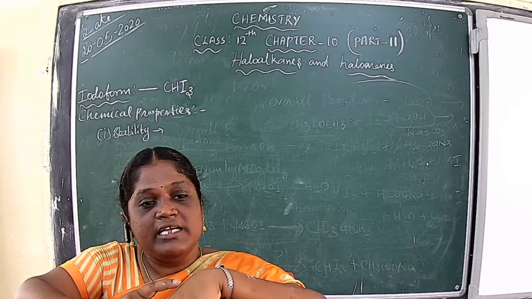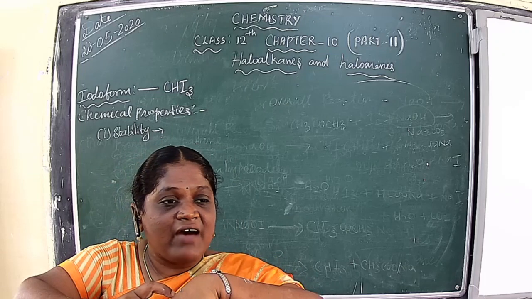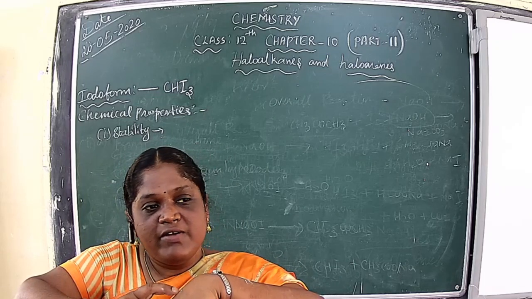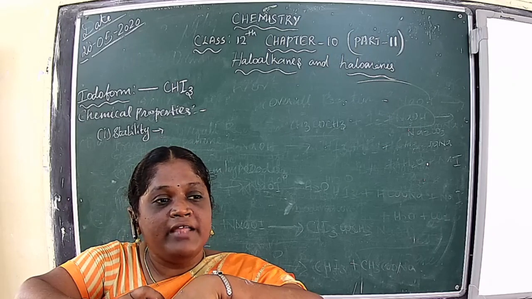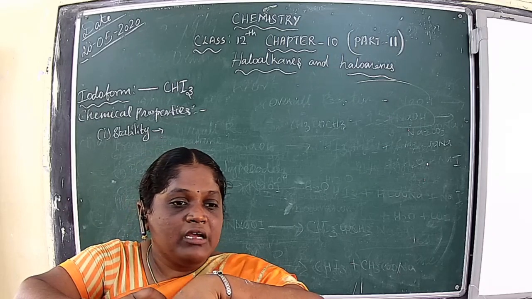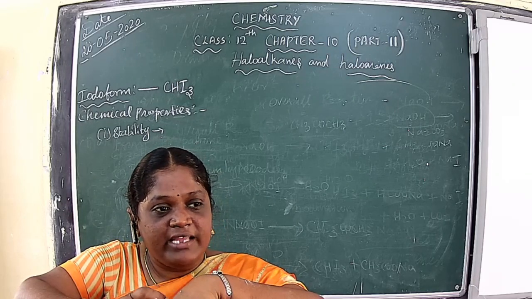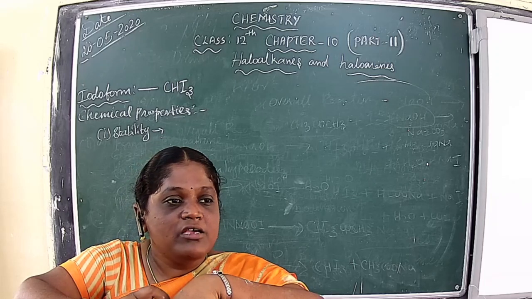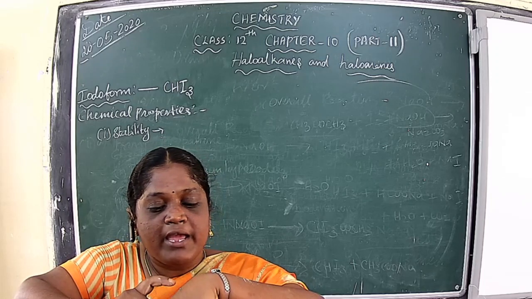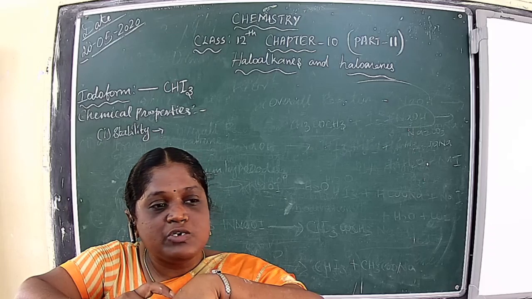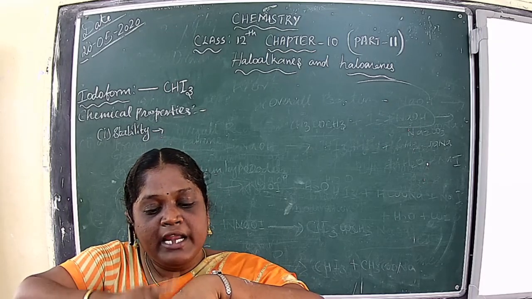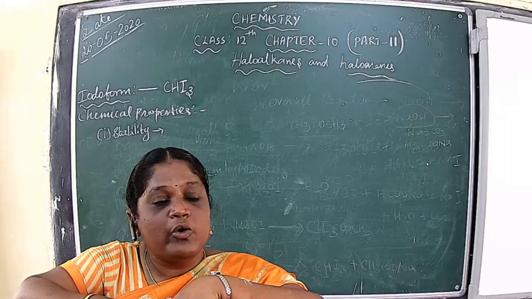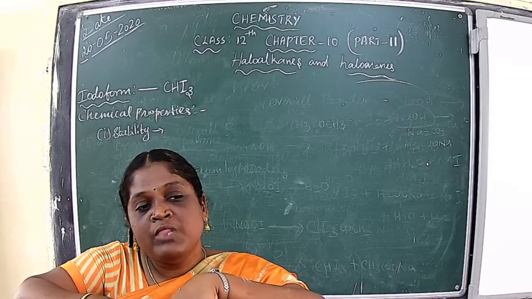We can use it when we have wounds or something, we fall down, and if you go to the hospital, they apply what? Iodine. That is a brown color liquid, like that they will apply it. Why are they applying it? Because it is used as an antiseptic. Antiseptic means it stops the growth of microorganisms.